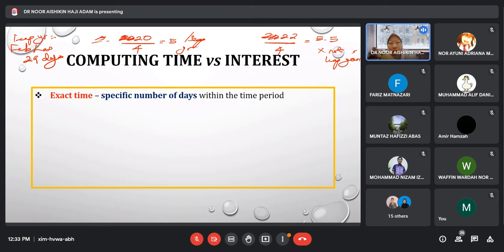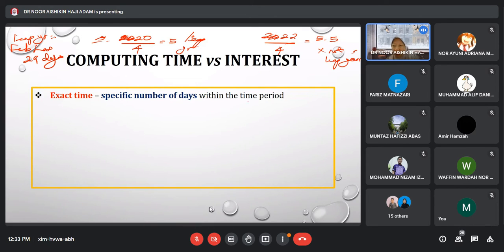Okay, now having said all that, let me introduce you to several terms that you need to know when you want to compute time. First of all, we have exact time, masa tepat. Exact time means you want the specific number of days within the time period.